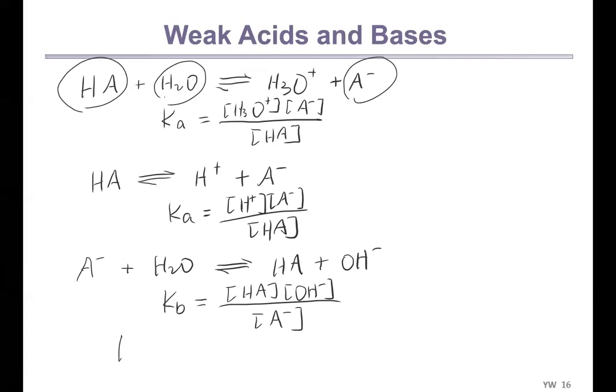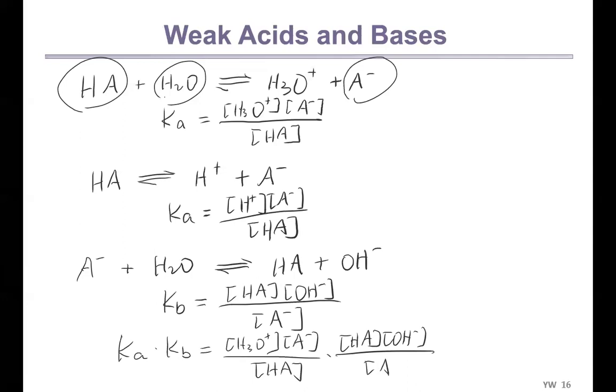And you can see that if you multiply Ka by Kb, it will be H3O plus A minus over HA multiplied by HA OH minus over A minus. What will happen here?